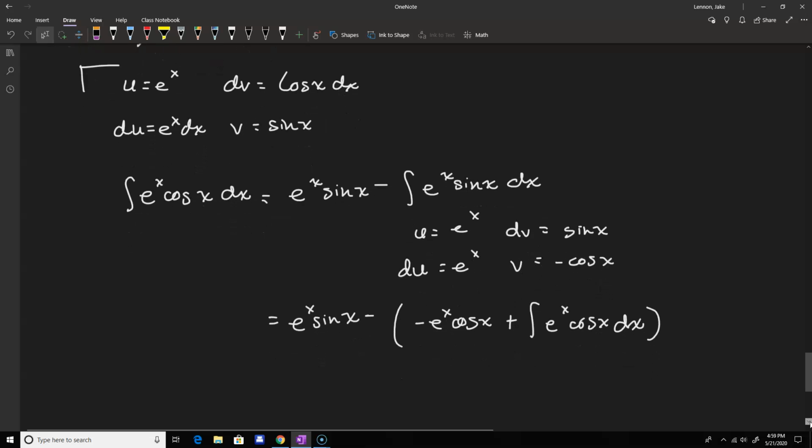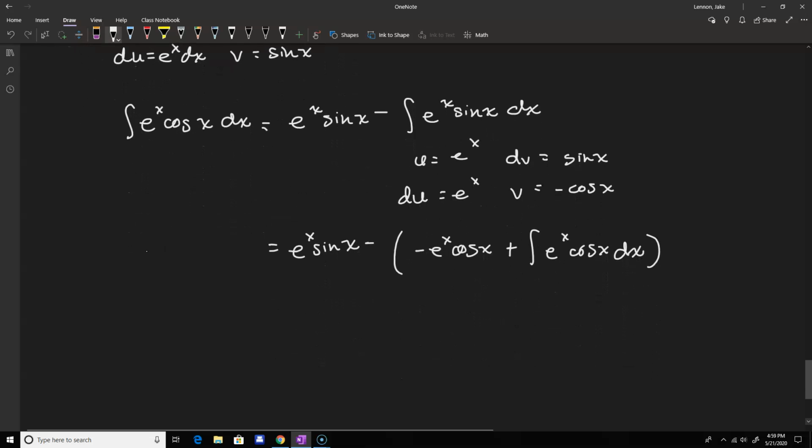So let me bring down also on the left-hand side that integral just so you see what's going on. Now we have the integral of e to the x cosine of x dx, and this is equal to e to the x sine of x.